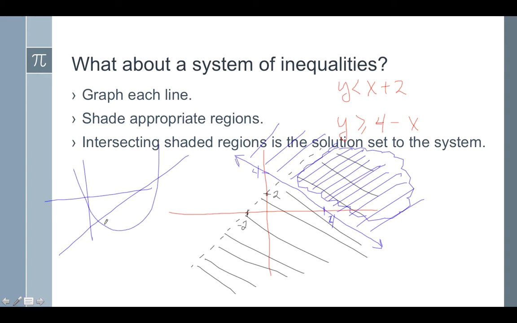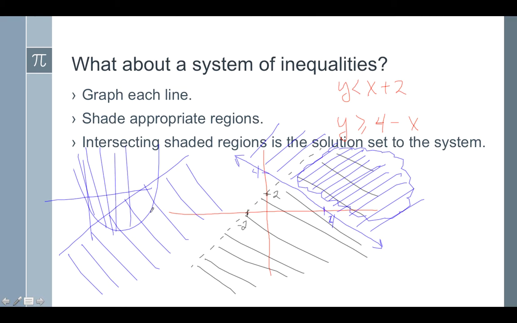And if the quadratic is shaded inside the parabola and the linear function is shaded below, we'd get something that looked like this and something along this line, which meant in here is the solution set to the system.